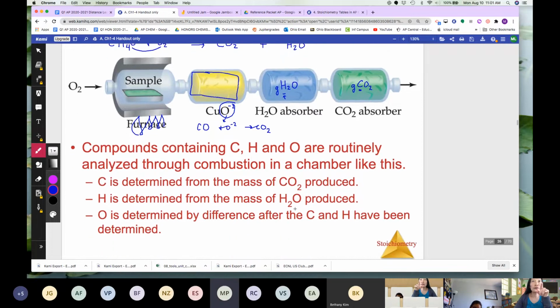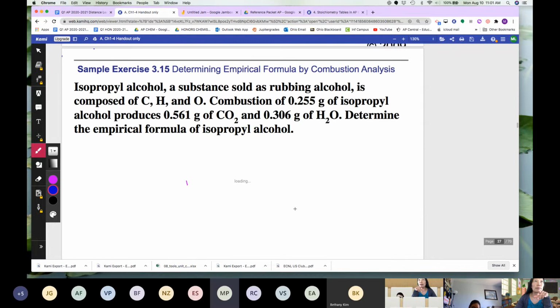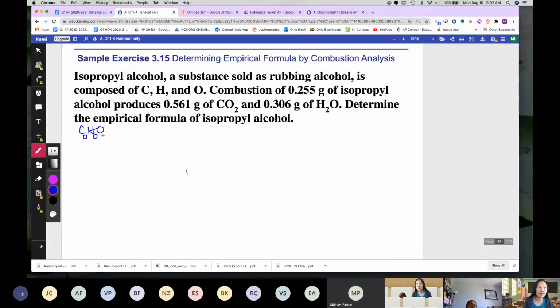Okay, once you get those numbers, then you're going to do the following. Here's an example. Everybody look at sample exercise 3.15 in your book, in your homework last night. The title says you want to know the empirical formula by burning it, combustion analysis. And what you have right here is C's, H's, and O's. And you want to know what this is, and what this is.